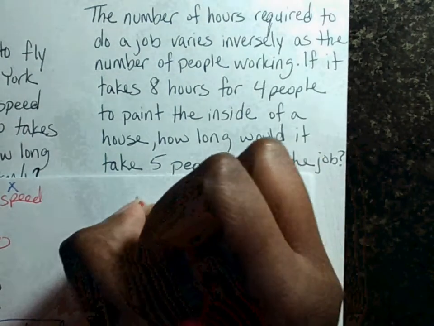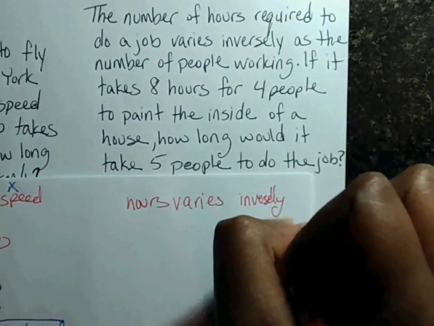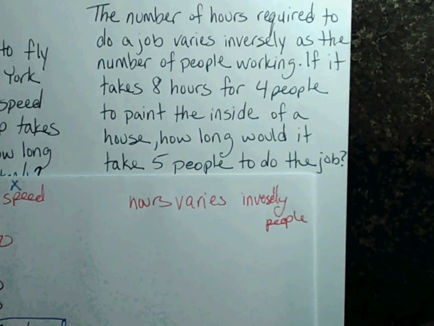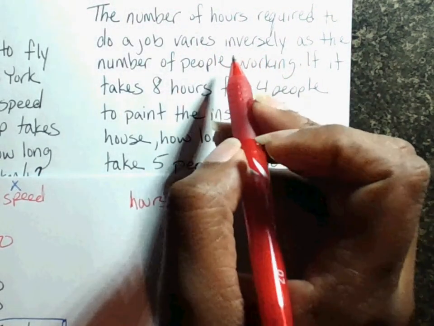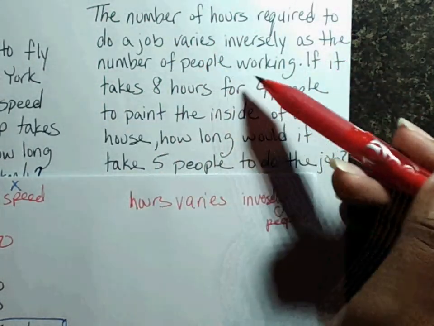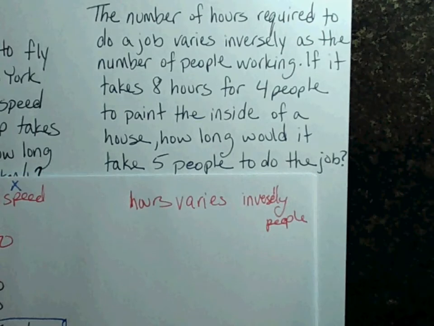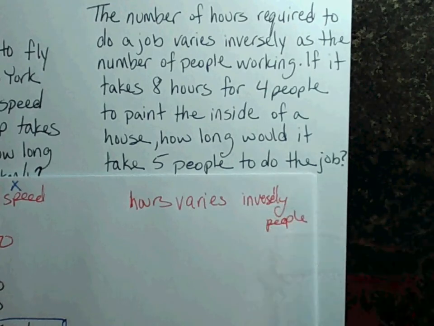So, hours, people. They talk about something up front of varying inversely. They talked about the hours up front. They talked about something in back. They talked about the people in back. Bam. Alright, so hours varying inversely with people.